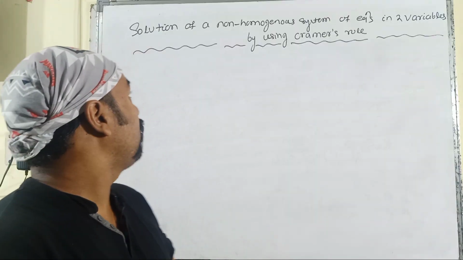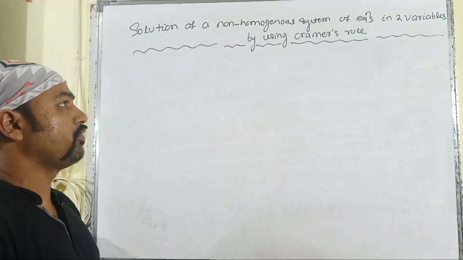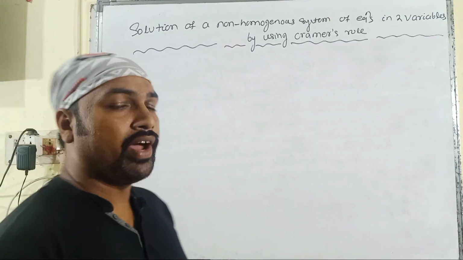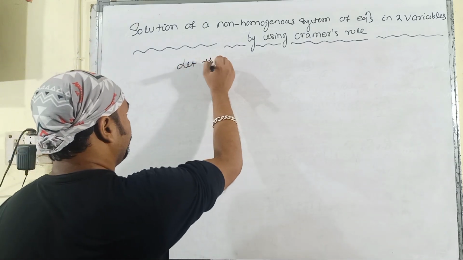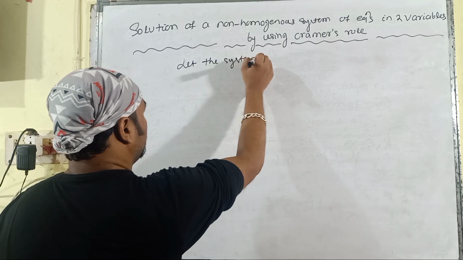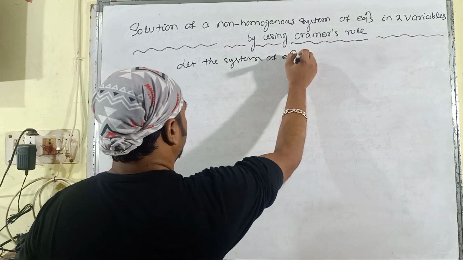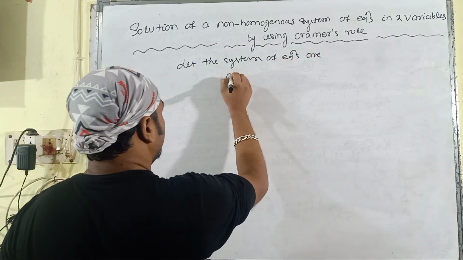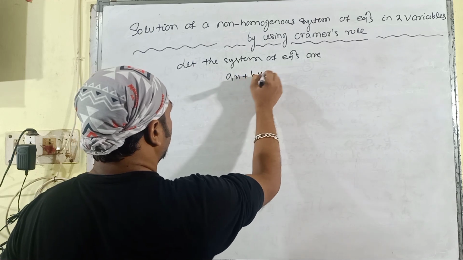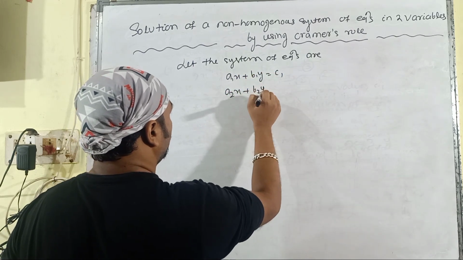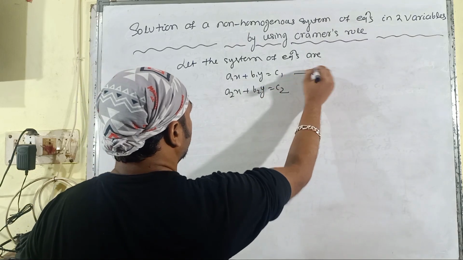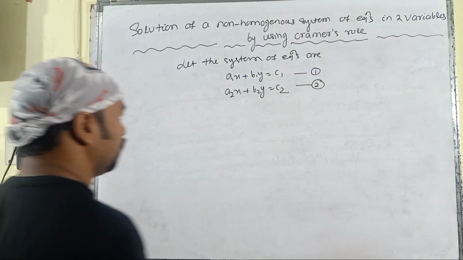Now let us discuss the solution of a non-homogeneous system of equations in two variables by using Cramer's rule. Let the system of equations be a1x plus b1y is equal to c1, a2x plus b2y is equal to c2. Here it is the first equation and this is the second equation.